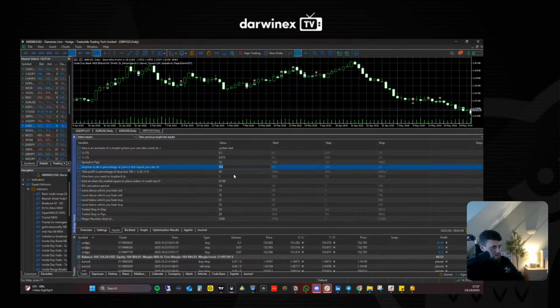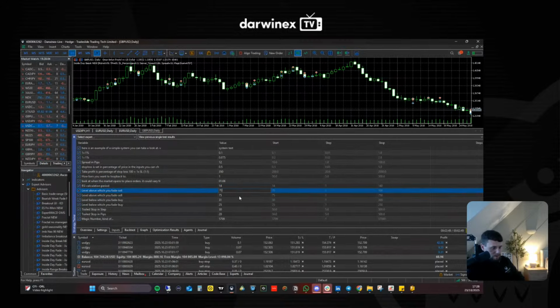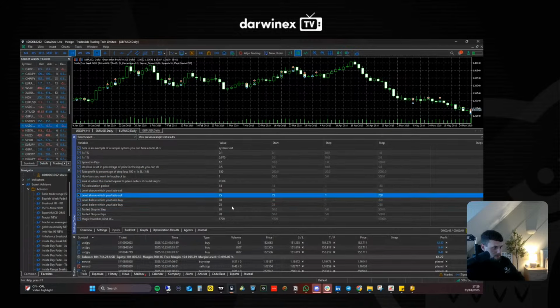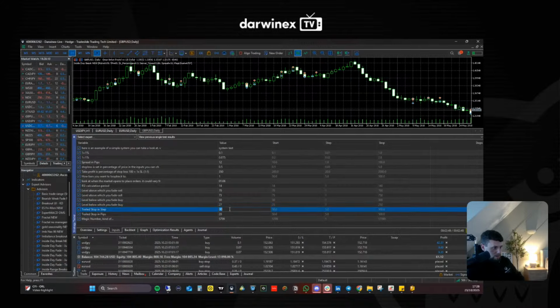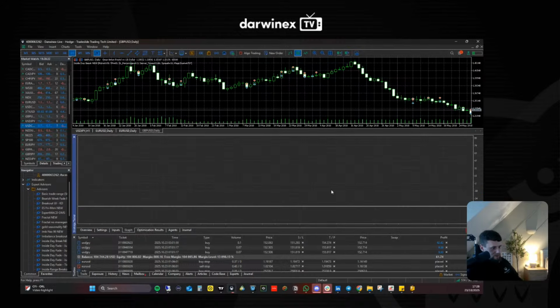Stop loss 0.5, take profit, let's go 350. How many bars do we want to look back to? We want to look back at the current bar. RSI, let's go 70, 30, 75, 25, or 73, and 27. Trailed stop. 60 pips with a 40 pip trail. Let's just test this. Completely random. I don't know how this is going to go.